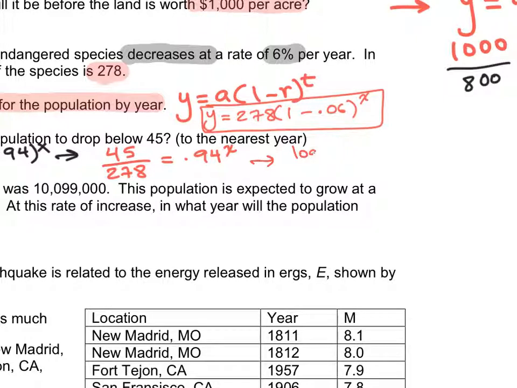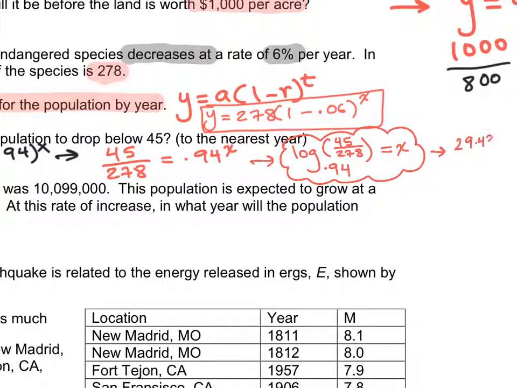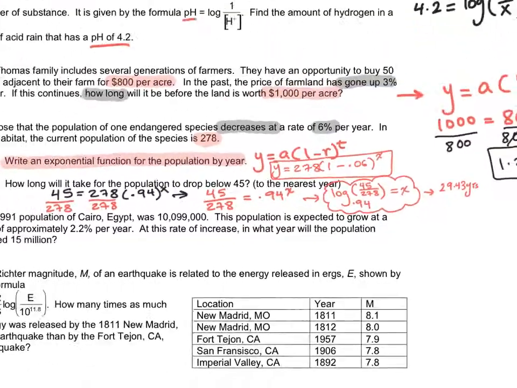So log base 0.94, and the argument is whatever 45 divided by 278 is, that is equal to x. Now, plug that in the calculator, so that is the first solution I need to see. Plug that in the calculator, and you will find out that after 29.43 years, almost, it will drop below 45. So that's almost 29 years because they want it to the nearest year.